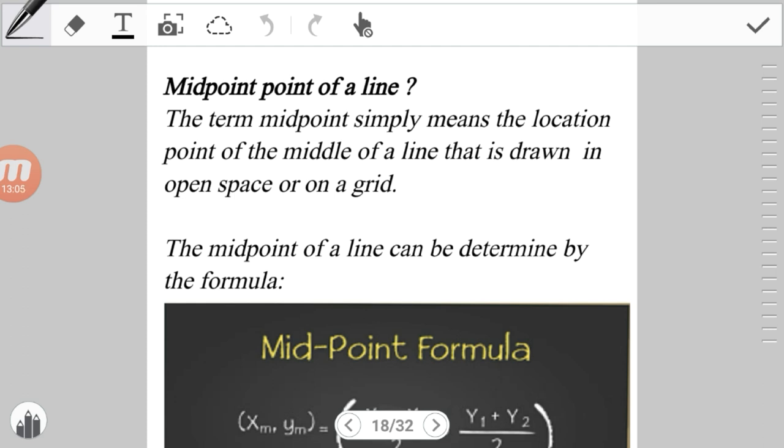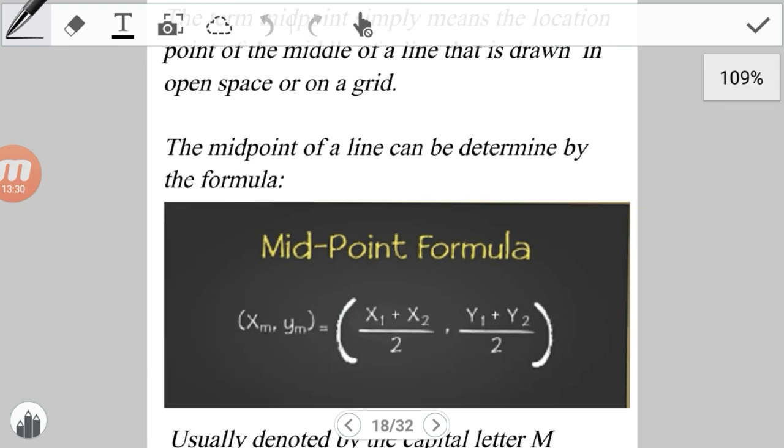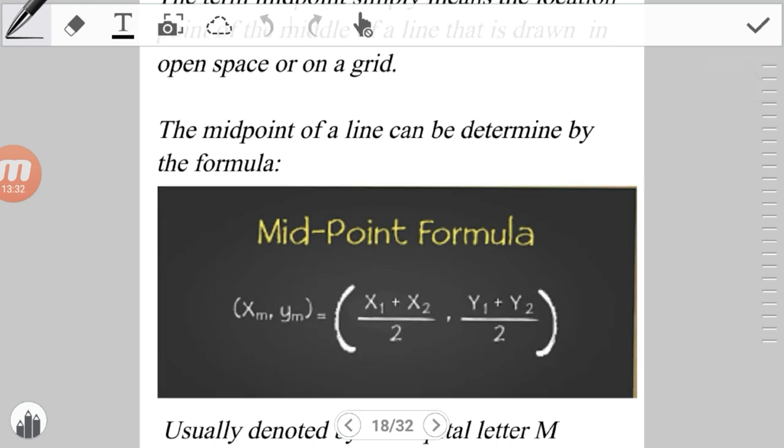It's kind of self-explanatory: when we say midpoint, it's the middle point, finding the central location of a line. Here it says that the term midpoint simply means the location point of the middle of a line that is drawn on open space or a grid. Simple as that.